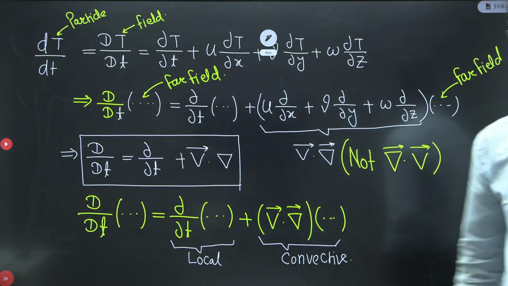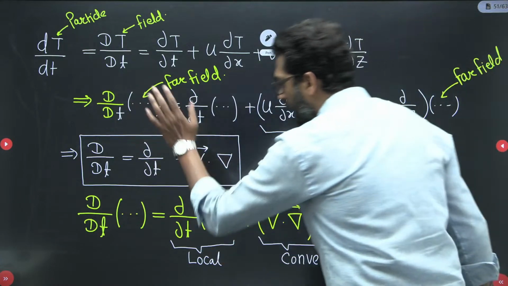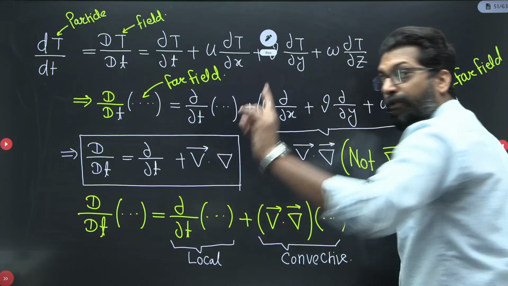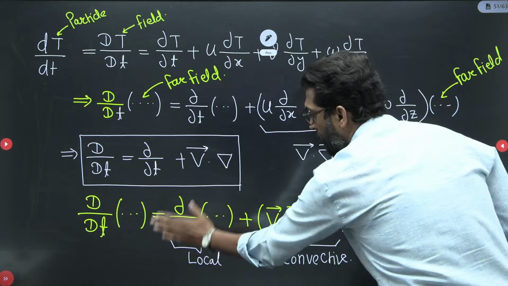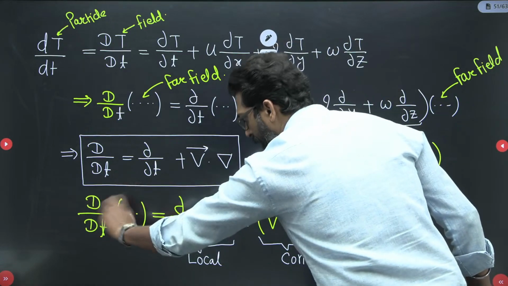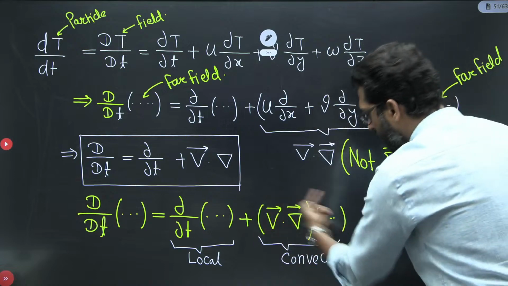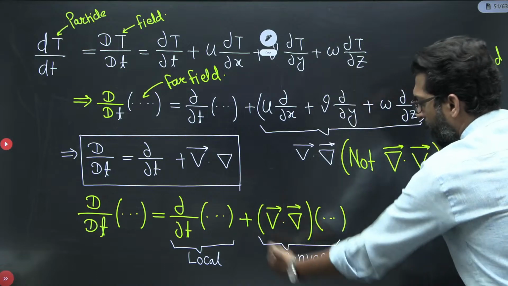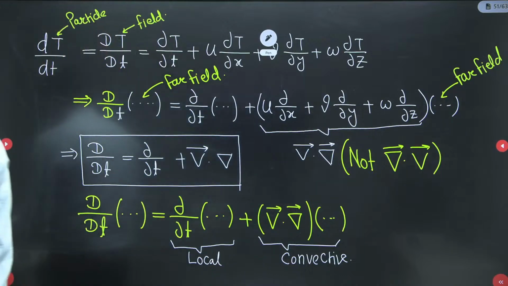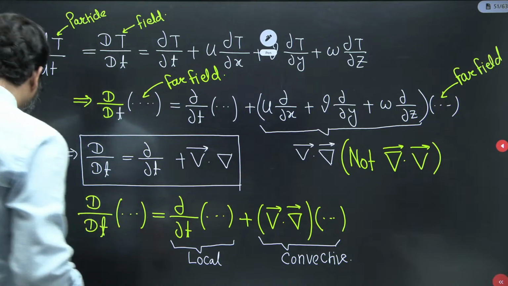And this is our field. If the flow is steady, that means the field is steady, the local term is 0. Only the effect of the convective component remains, not the temporal or local component. Clear? This is clear, my dear?